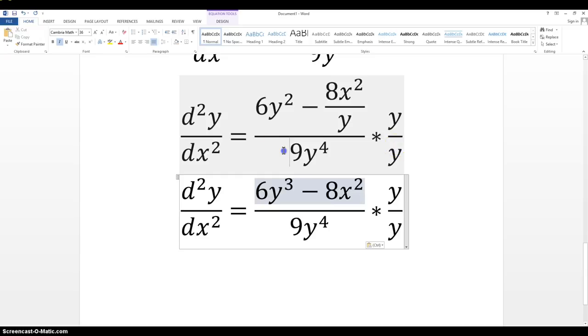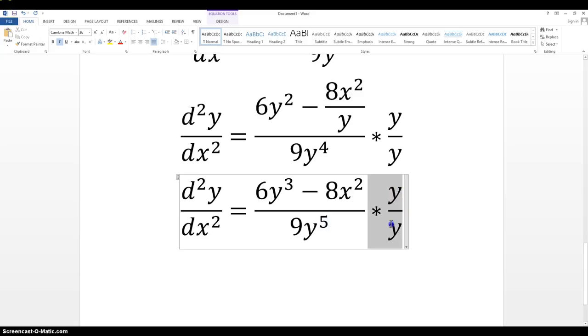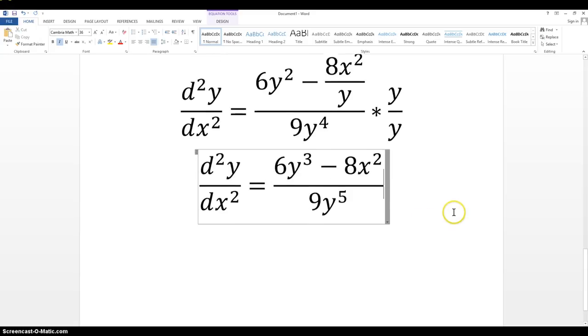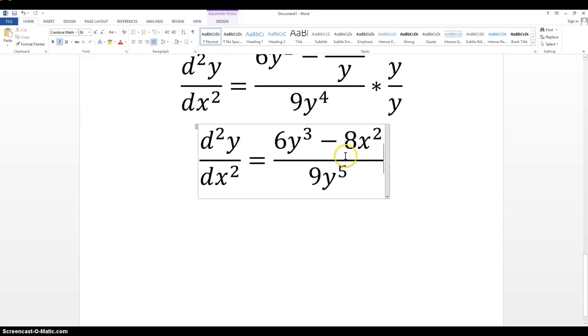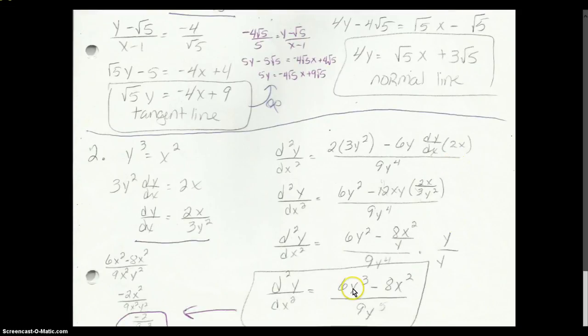And then if I multiply the bottom times the bottom, that will leave me with 9y to the 5th. And I have actually gotten rid of my fraction. So my final answer is 6y cubed minus 8x squared, all over 9y to the 5th. And let's see if that's the correct answer. And as you can see, that's what they did. 6y cubed minus 8x squared over 9y to the 5th.